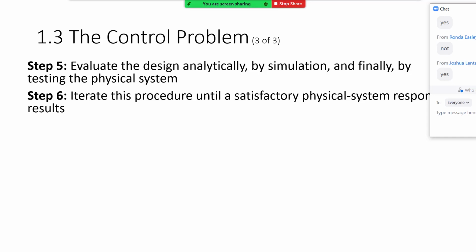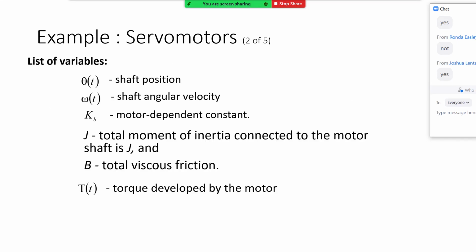So a third order or a fourth order system that we approximated by a second order system is now showing up, and therefore we have to go back to the drawing board and update the controller. Make sense?